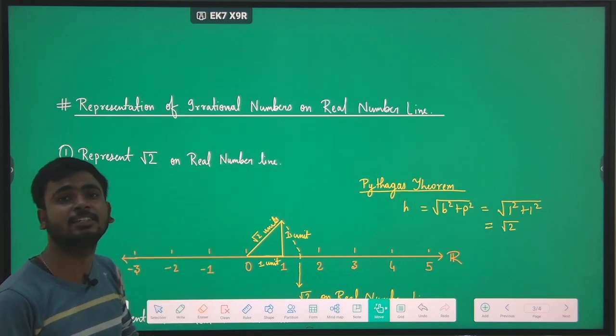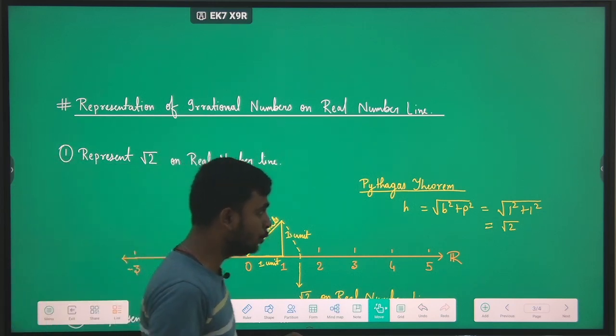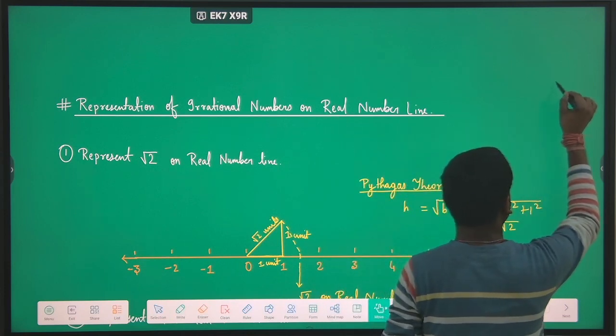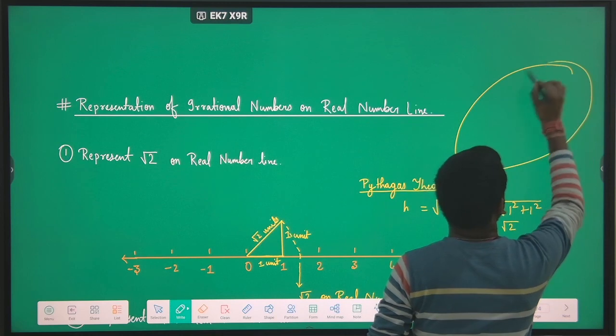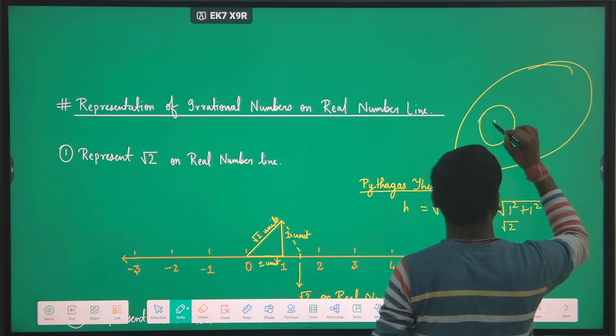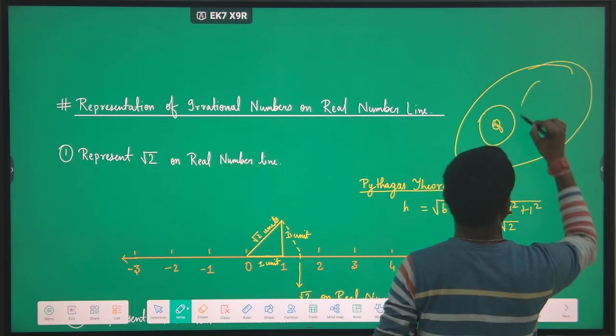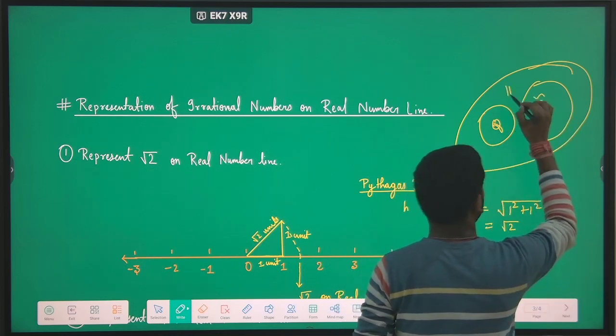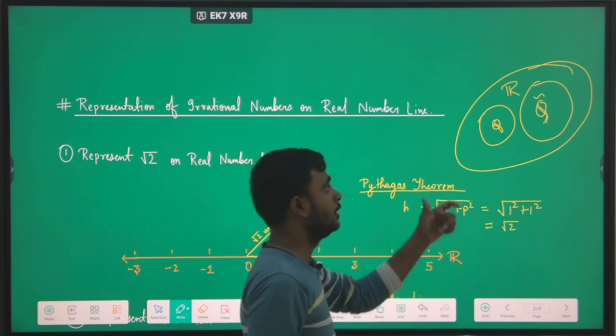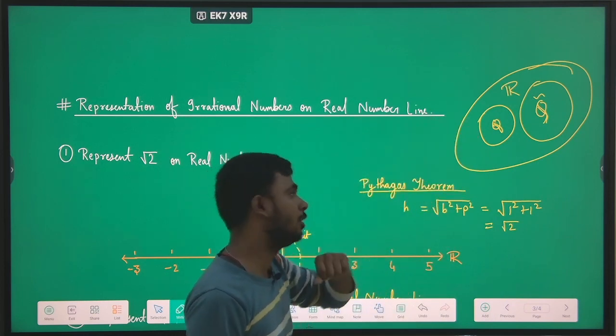Which types of sets is it comprised of? We know that the set of real numbers comprises the set of rationals and the set of irrationals. Together these two sets make the set of real numbers.